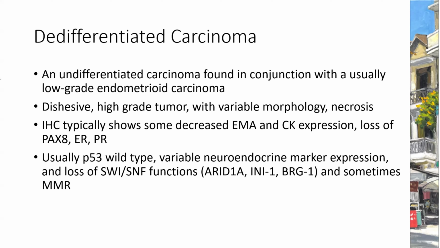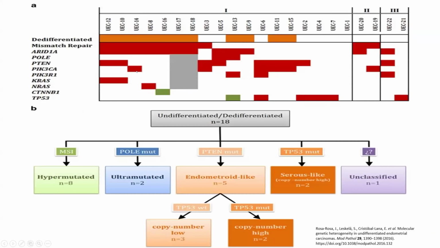The other feature, of course, is that there is some variability in these molecularly. And in fact, a study done by Rob Soslow and others in a late 2016 publication, as you can see here, the genes that may be involved with this undifferentiated or dedifferentiated morphology can be somewhat variable and can include many of the other markers that we often think of as being characteristic of specific molecular subtypes, such as POLE mutations, TP53 mutations, and so forth.